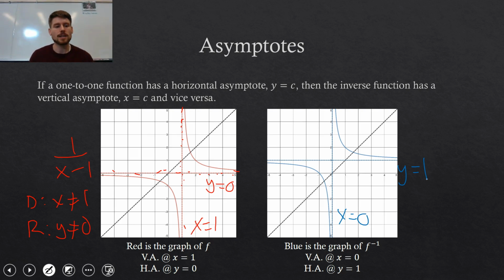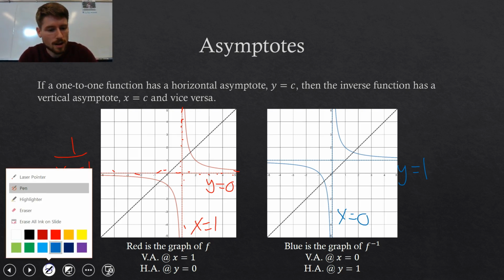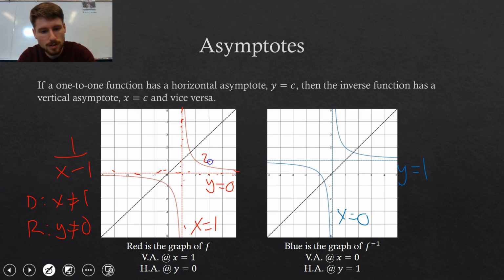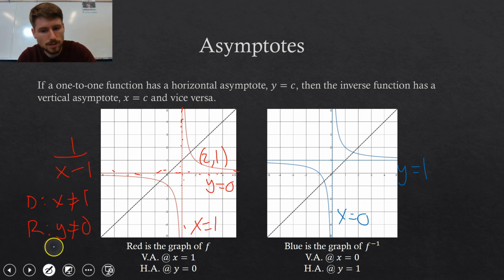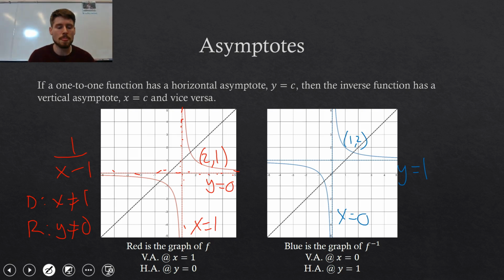And so that's what's happening to these asymptotes, is that they are getting reflected as well as all the points are getting reflected. So, you know, we can kind of see where some of these points went, like (2, 1) right here. That went to, whoops, that went to (1, 2), and so forth.